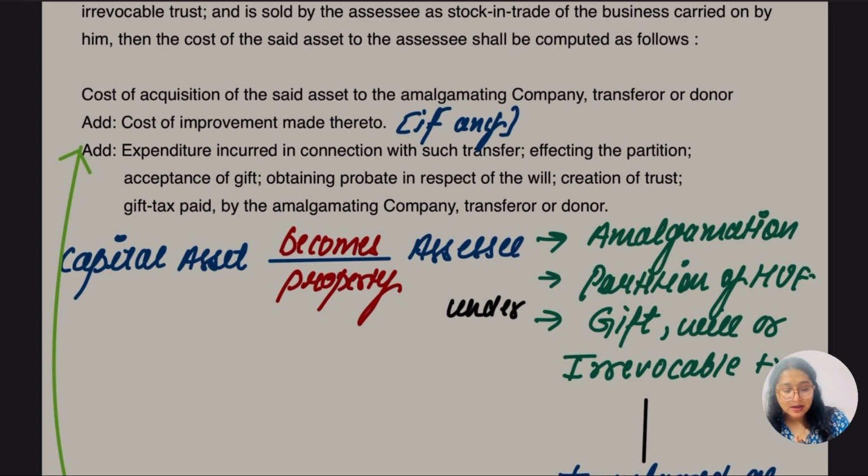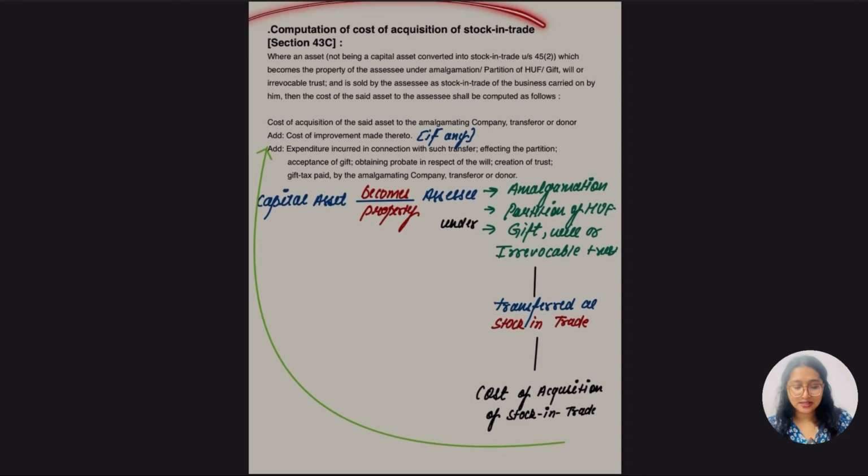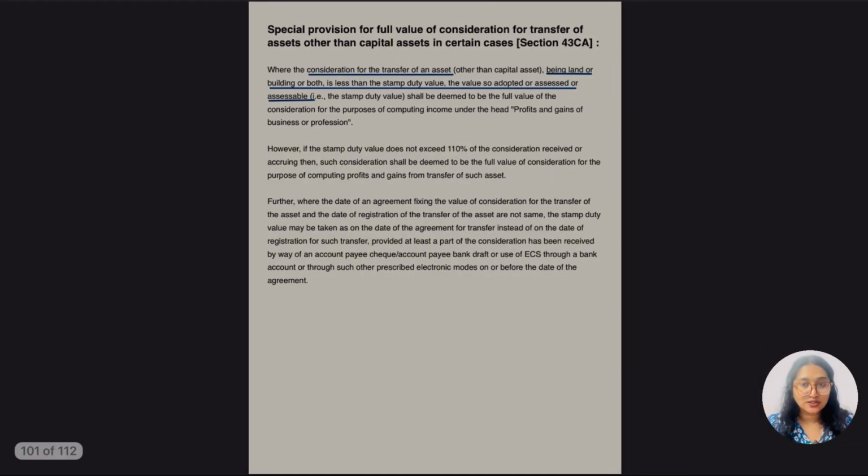So simply, the cost of the previous owner, with that we add cost of improvement, and if you have incurred any expenditure, that is also going to be included here. Okay, so this was all about section 43C.